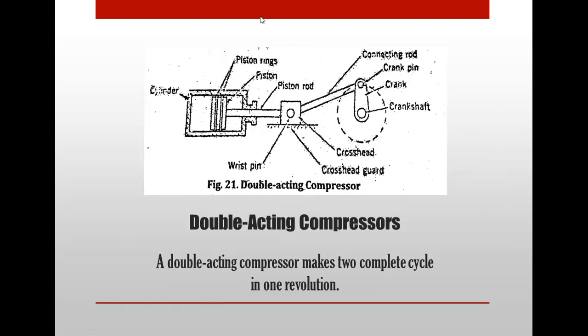The double-acting compressor has these components: the cylinder, the piston rings, the piston rod, wrist pin, crosshead guard, the crosshead, the crankshaft, the crank pin, and the connecting rod. The cylinder is very essential in the double-acting compressor.